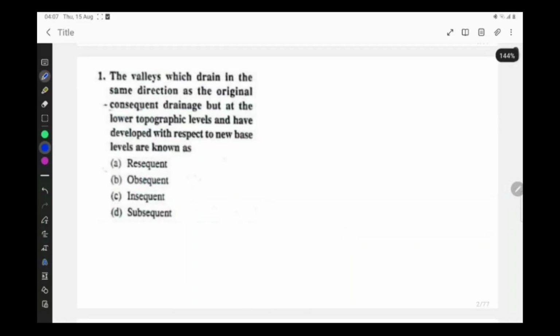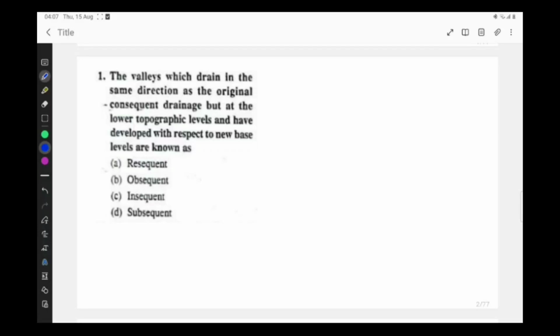The first question says: the valleys which drain in the same direction as the original consequent drainage but at the lower topographic levels and have developed with respect to the new base levels are known as.